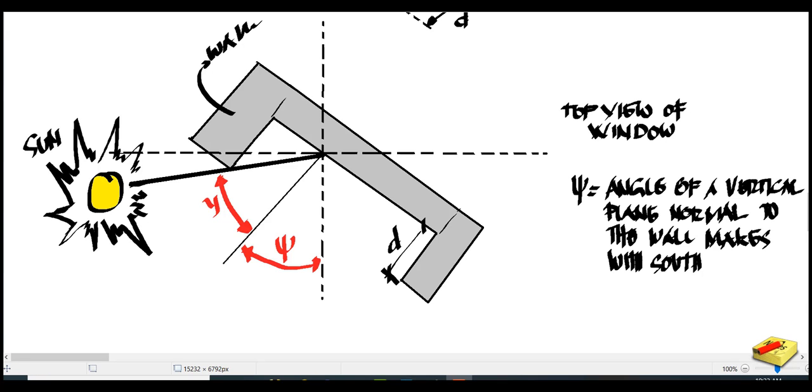We have the symbol of the trident, which stands for the angle of the vertical plane normal to the wall, measured from the south.